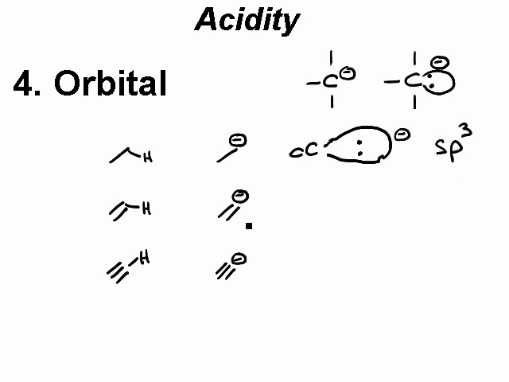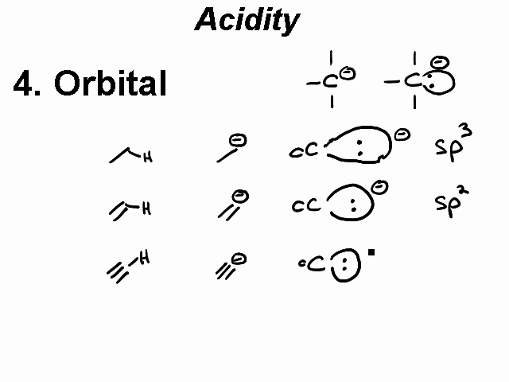In the conjugate base of ethylene, the lone pair is in an sp2 hybridized orbital. And finally, in the conjugate base of acetylene, the lone pair is in an sp hybridized orbital.